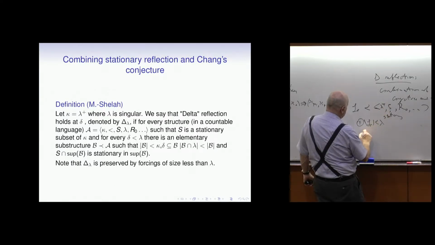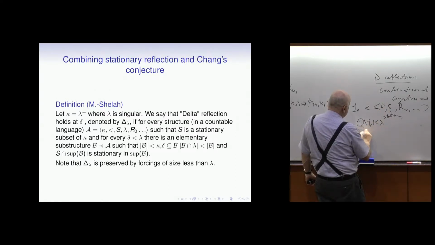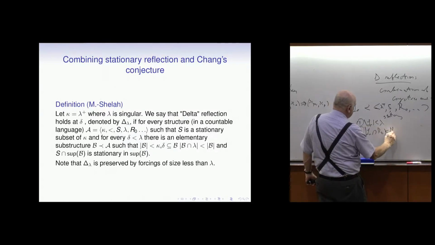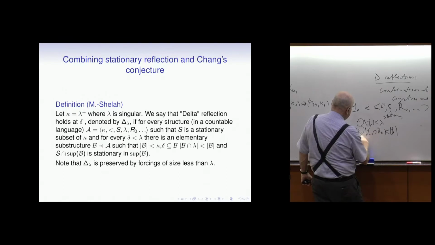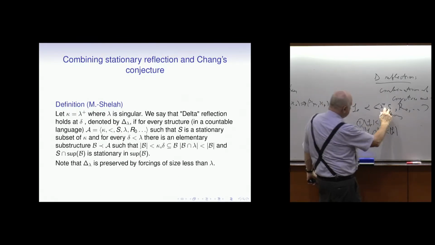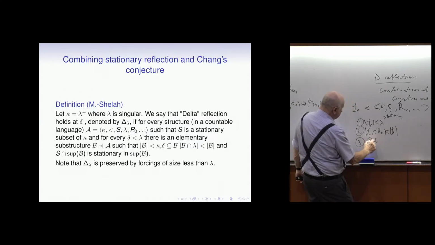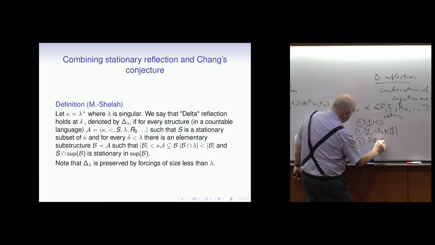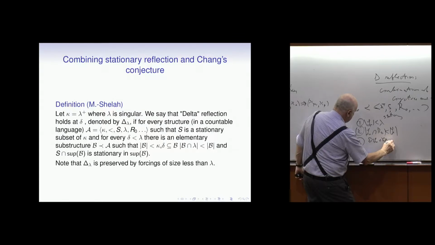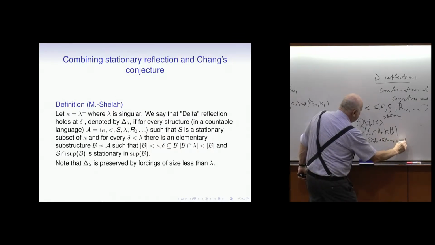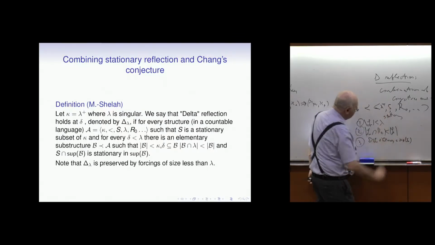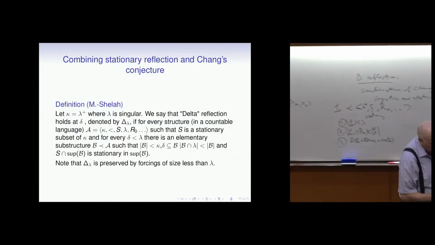You reflect below lambda. Two, that B intersect R0 has cardinality less than the cardinality of B. And three, that's where the stationary reflection comes in. If you look at S intersect B, those points in S that happen to be in B, this is stationary in sup B. Namely, you want to have something which is like a Chang structure.